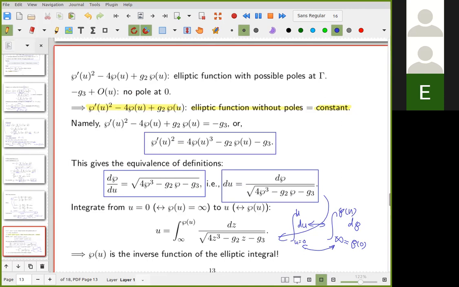So we integrate in this way, and we have, roughly speaking, this relation.